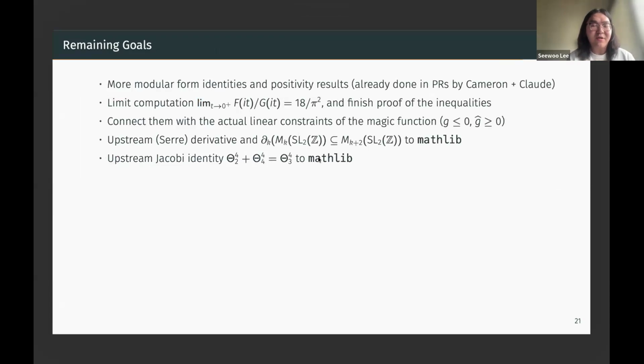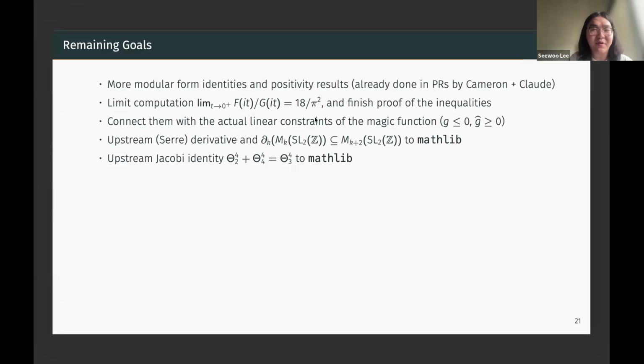And the remaining goals are, first, we need more modular form identities and positivity results. But those are essentially already done by the existing PRs, thanks to Cameron and Claude. And we also need to prove the limit, and that will eventually finish the proof of the inequalities. And the most important part is to actually connect them to the magic function and see how this reduces to the modular form inequality.